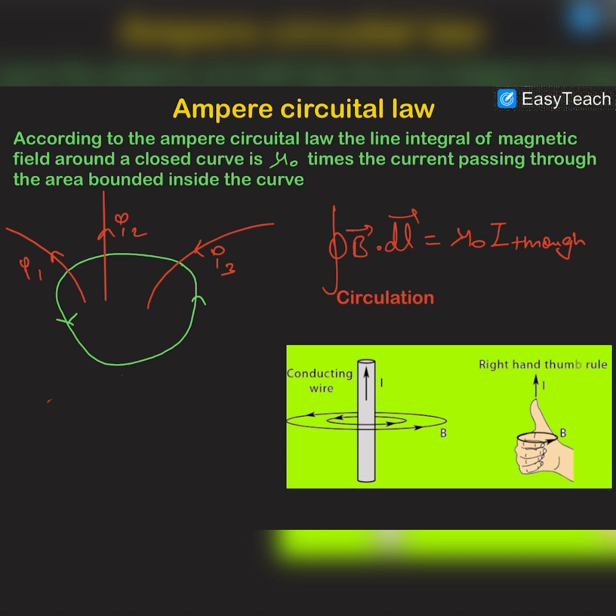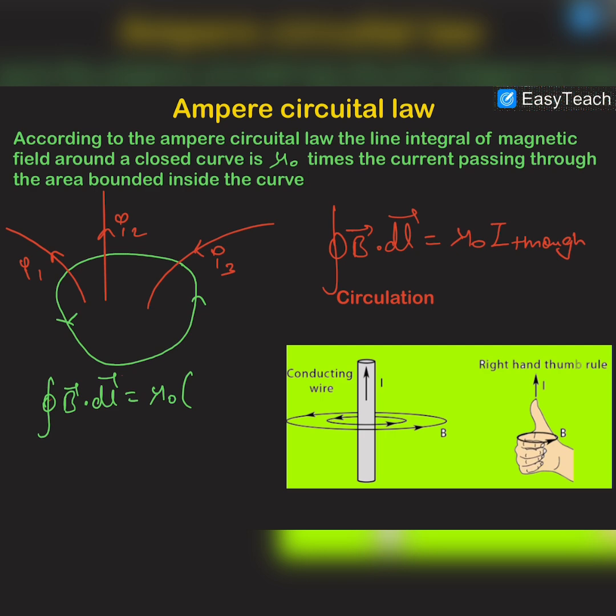Now according to this, in this figure, if this is an Amperian loop and there are three currents linked with the region inside this loop, we can write the integral of B dot dl as mu naught times, now first of all, we always calculate this circulation by the right hand screw rule.